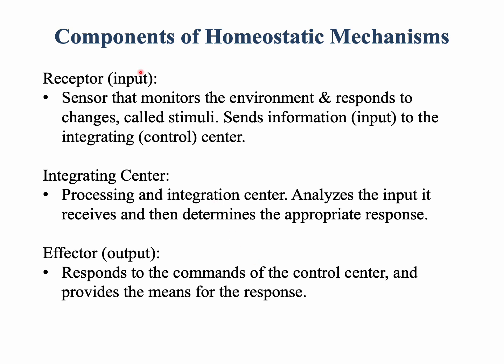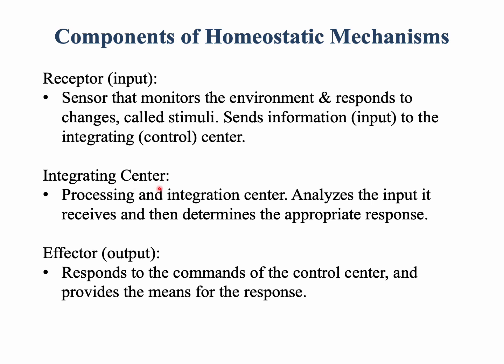Again, these are the different main components of these homeostatic mechanisms that we're talking about. We have the receptor, which is going to bring in that input information. This is the sensor that monitors the environment and responds to changes, called the stimuli. It's going to send the information, the input, to the integration center, sometimes called the control center.